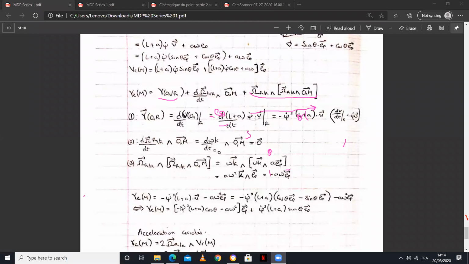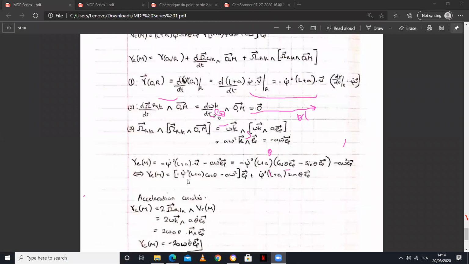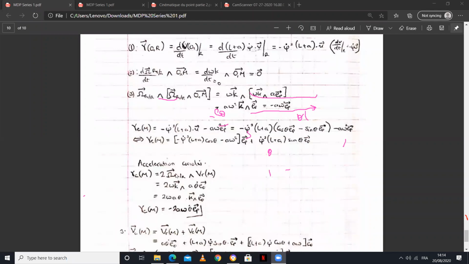Then you come to gamma Coriolis. The formula is always there: 2 omega de R1 par rapport à R vectoriel V. As usual, V is supposed to be a vector. I apologize again, I didn't know what I was writing. V relative, we calculated it in the first question. It gave us A theta point E theta.